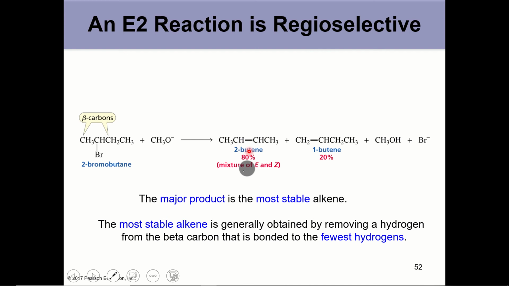So of the 80% that is 2-butene, more than half will be the trans alkene. I don't know how much, but greater than 40% will be the trans, or E, alkene.